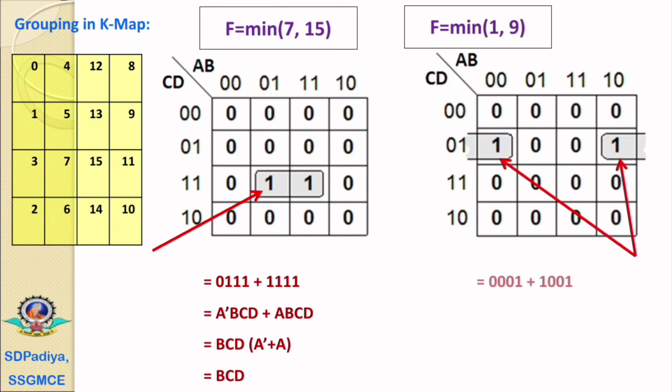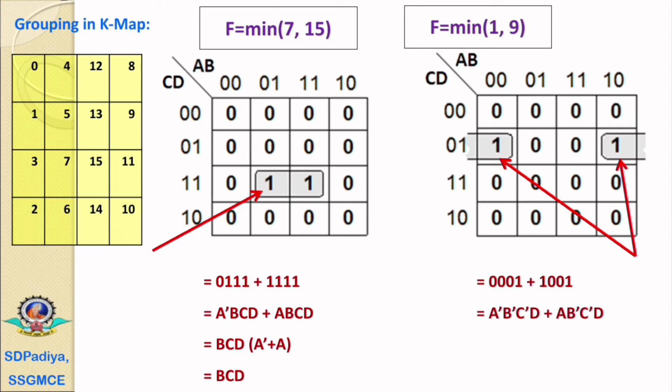We have written the designation for the first, it is 0 0 0 1. The expression is a dash b dash c dash d plus a b dash c dash d.